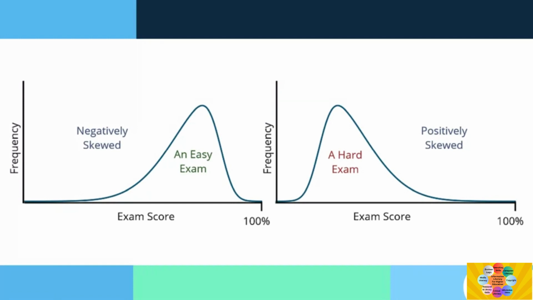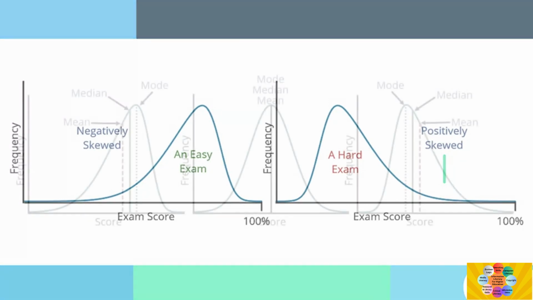It may help you remember which type of skew is negative and which is positive if you think about which direction the tail of the distribution is pointing. If it points to the left, toward the negative end of the number line, the distribution is negatively skewed. If the tail points to the right, toward the positive end of the number line, the distribution is positively skewed.